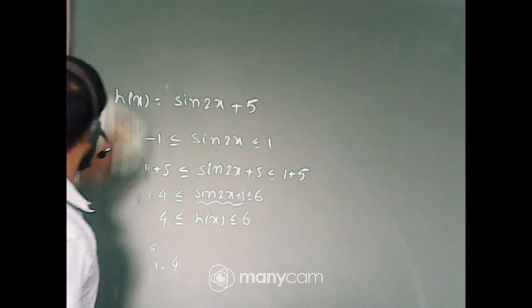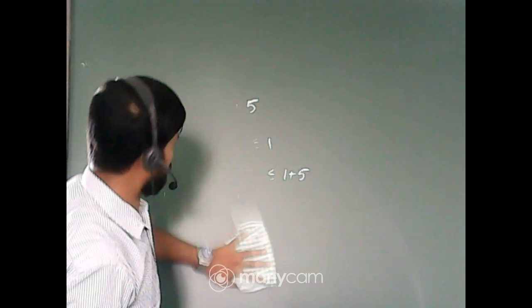Now question number 3. In question number 2 I have skipped the last two questions. Try to solve them. If you can't solve them, then I will solve them in my next class. So I'm solving a few questions from question number 3.